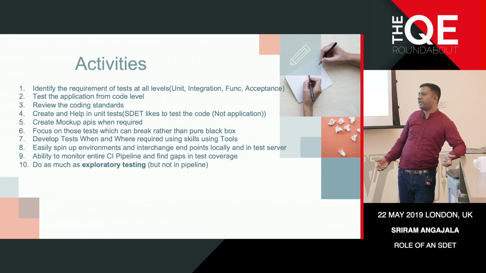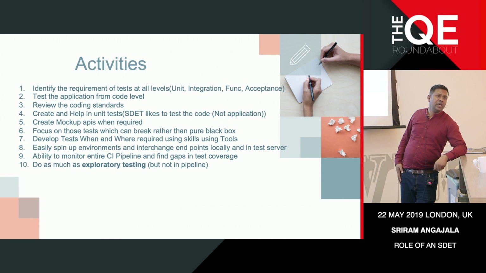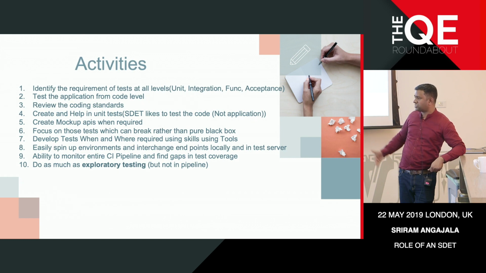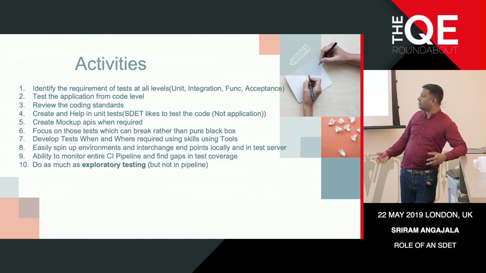That's one of the key areas where an SDET can be very handy. If you know the coding standards and can help developers understand them, that's where a lot of pull requests are waiting in the queue. An SDET will be very handy there, going through a list of checklists. We should have enough test coverage and all the linting, which he can quickly cover.